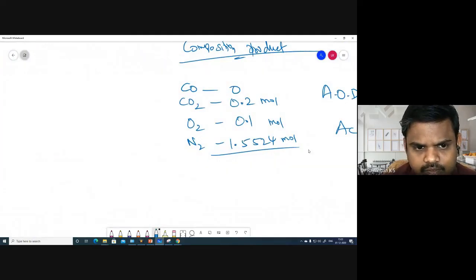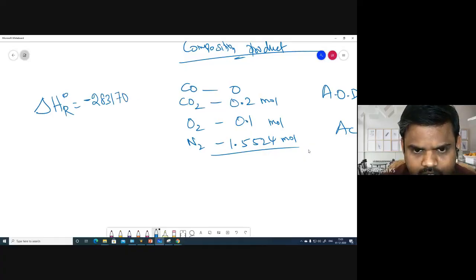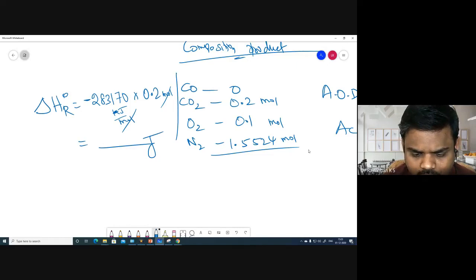So we can write delta HR naught equal to whatever is the data given, minus 283,170 into 0.2 moles. So this is in kilo, multiplied by 10 cubed, joules per mole, and 0.2 mole. So what we get is this much joules. Okay, so that is going to be, use a calculator, 283,170 into 0.2 equal to 56.